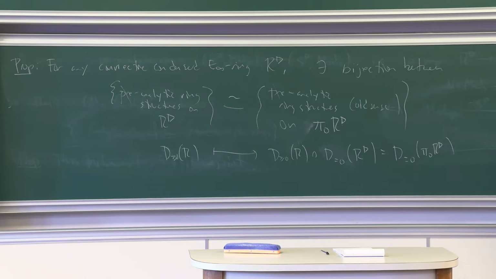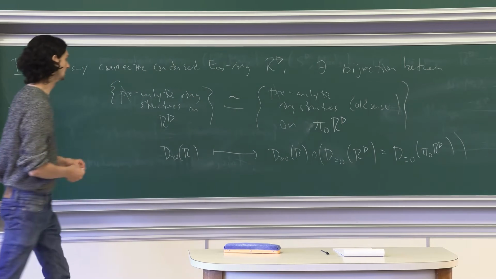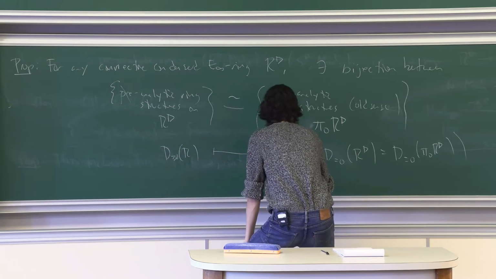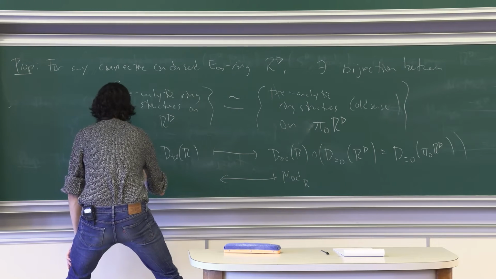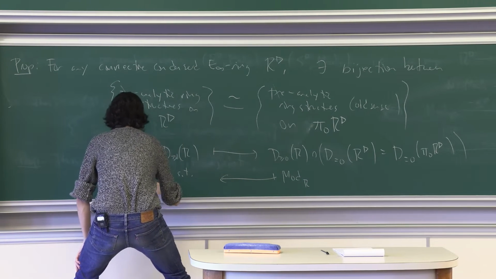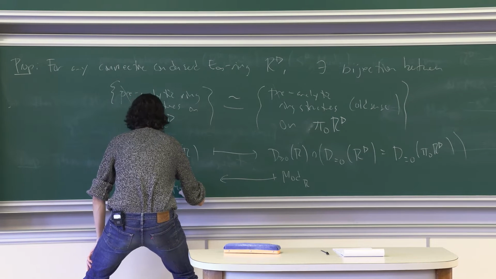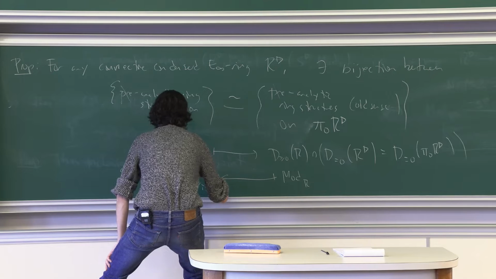When you have a module concentrated in degree 0 over some derived ring, that's just the same thing as giving a usual module over the pi 0. And in this direction, it's given by sending Mod R to the set of those M in D greater than or equal to 0 R such that H i M is in Mod R for all i greater than or equal to 0.